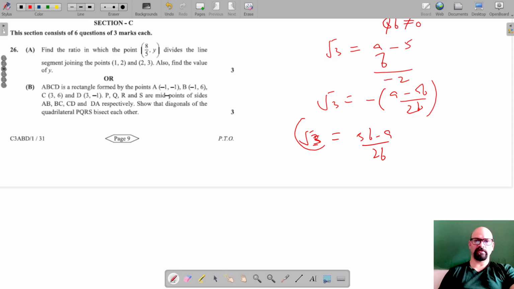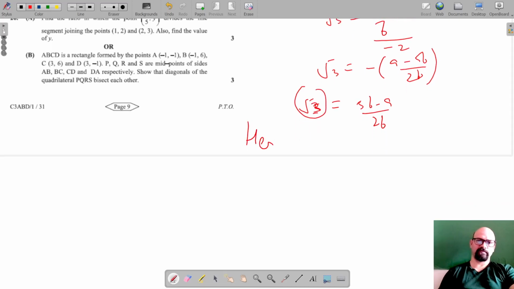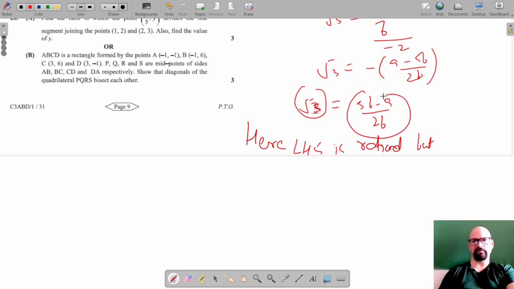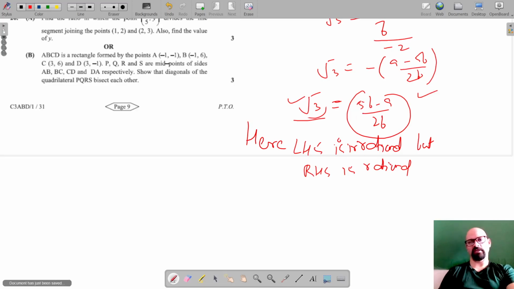Here the LHS is irrational, but the RHS is rational. If this is irrational, it should be equal to something that is irrational.